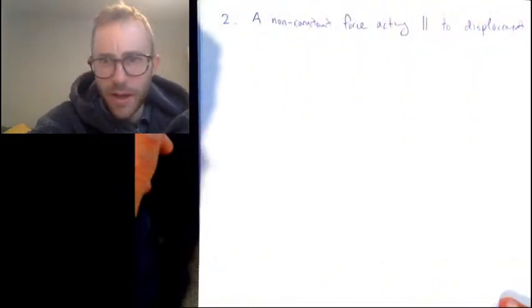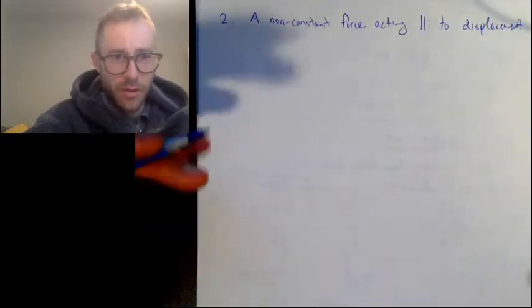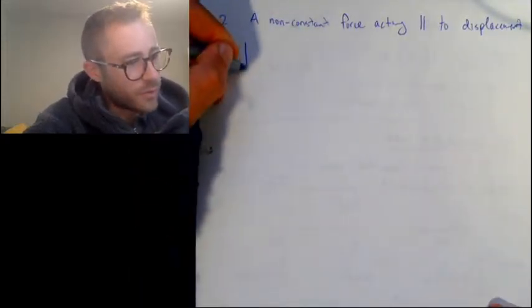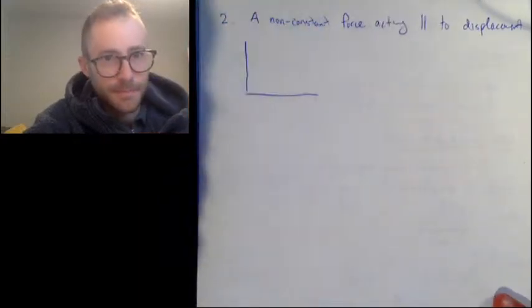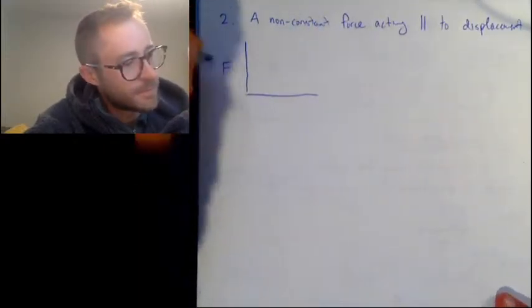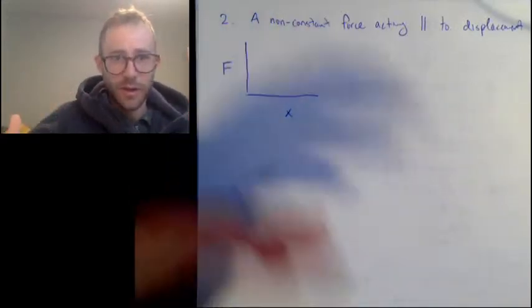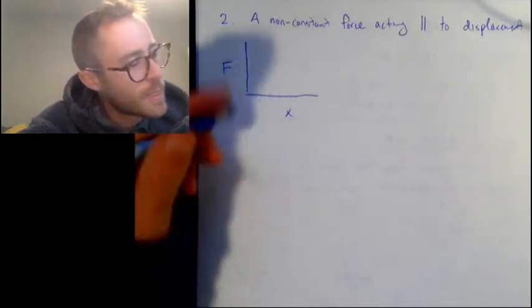So if you have a non-constant force, then in order to describe that force, you need to have a force versus position graph. Okay, because you need a graph to describe the way in which it's not constant.